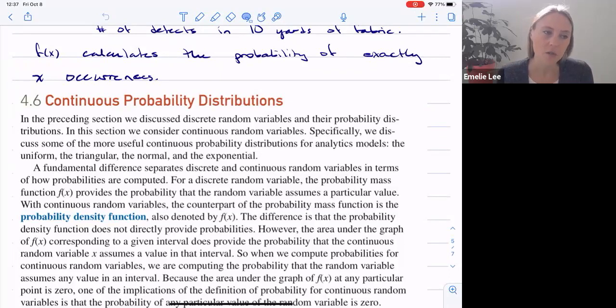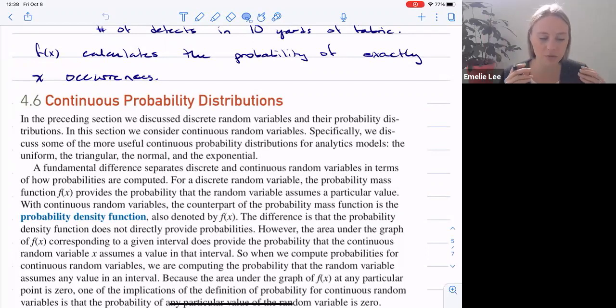What's weird about continuous distributions versus discrete distributions is that no single outcome is going to have a probability. The probability of one exact thing is going to be 0. We want to talk about that a little bit because that's kind of mind-boggling.